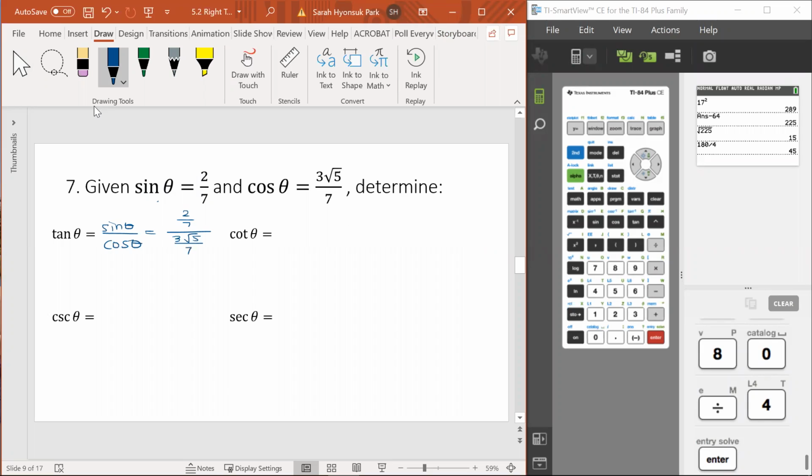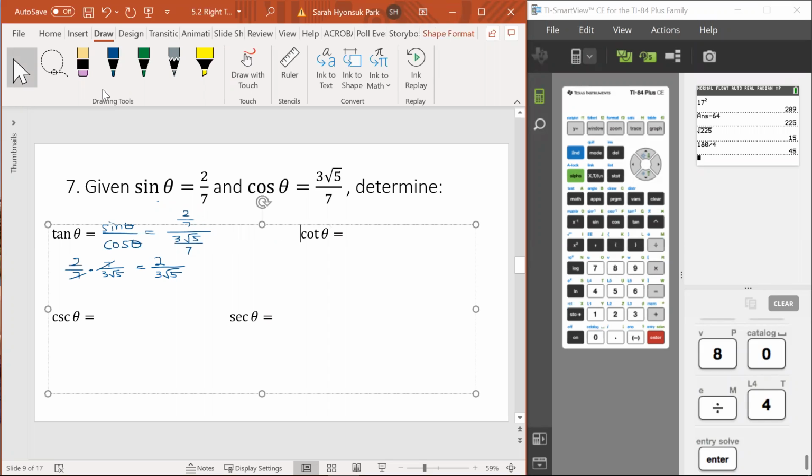So sine theta is 2/7 divided by cosine theta, which is 3√5/7. When you're dividing two fractions, it's the same thing as multiplying by the reciprocal. So this becomes 2/7 times 7/3√5. The 7's cancel, and we're left with 2/√5. I think I need more space, so I'm going to move this over some more.